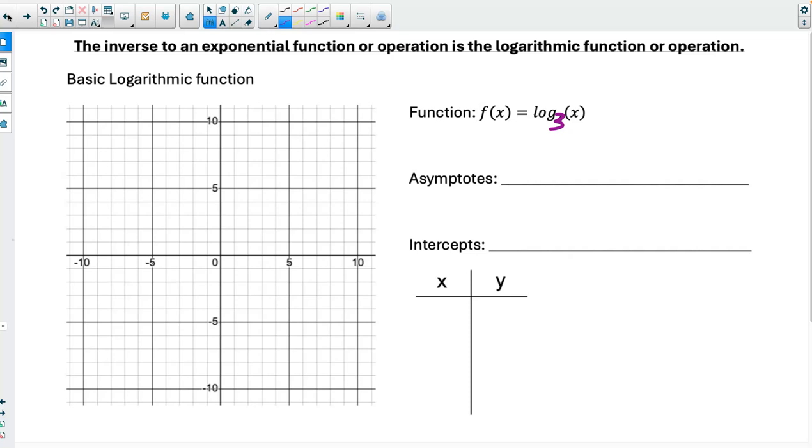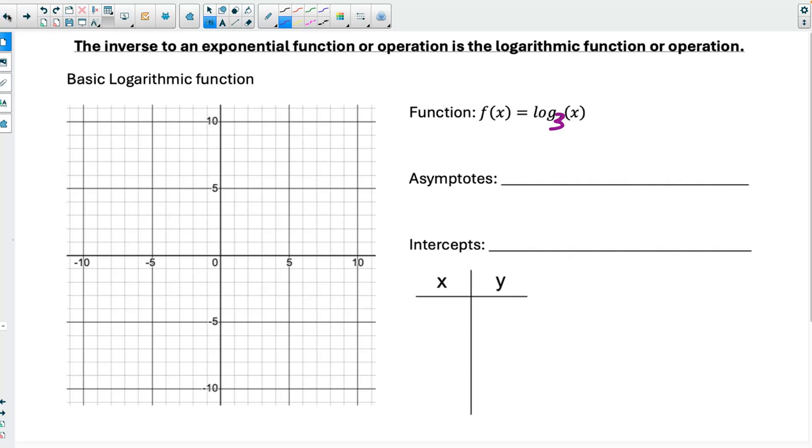What number should I use for x? I get to choose x.